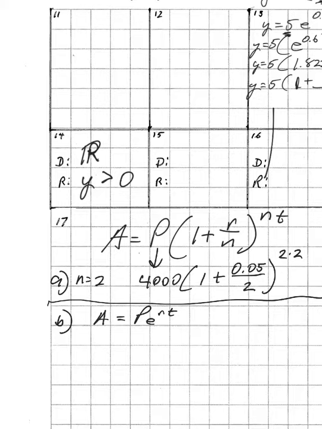And then the last one, is it P-E-R-T or N-T? It's PERT. So that's e. This is the rate in decimal form times time in years. And P is your investment principal.